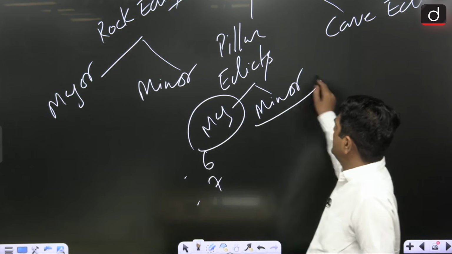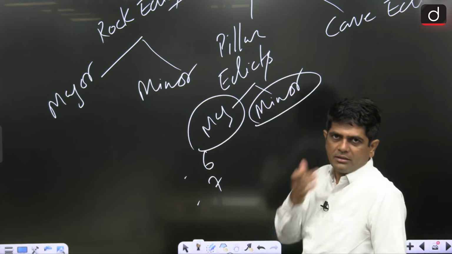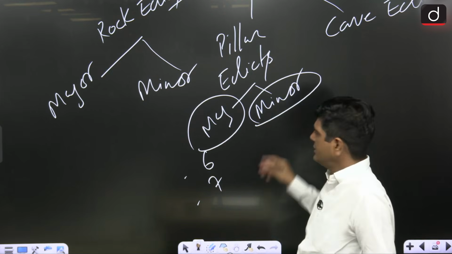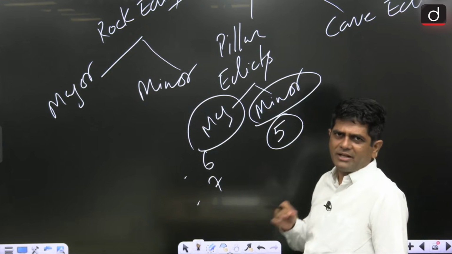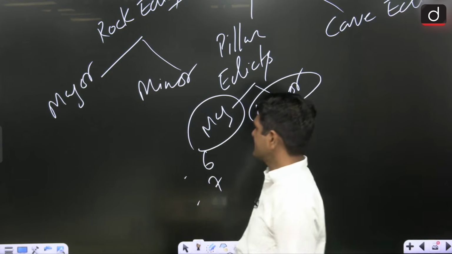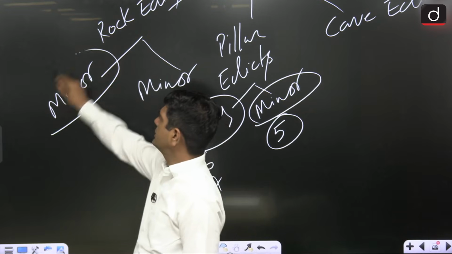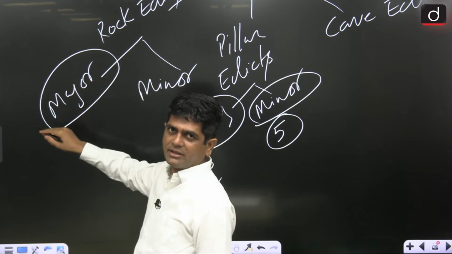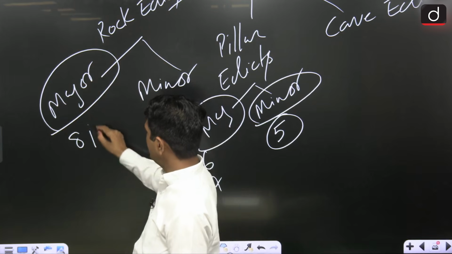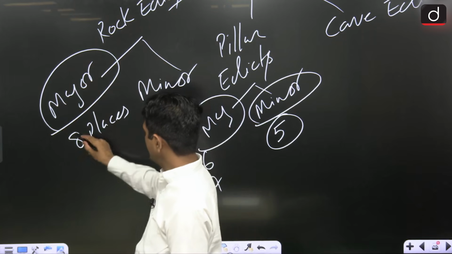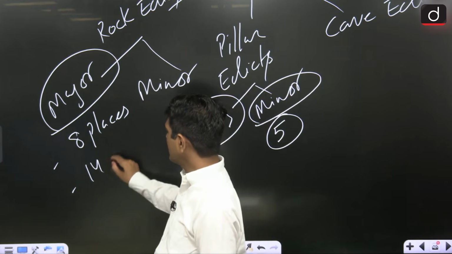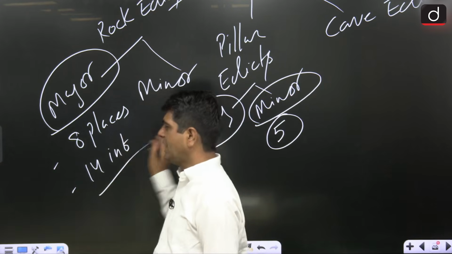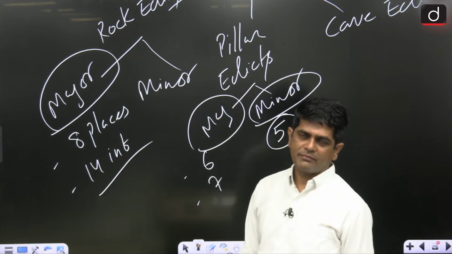And as far as minor pillar edict is concerned, it has been found mainly from 5 places. What about the major rock edict? It has been found from 8 places. And how many informations have been inscribed? Around 14 informations have been inscribed.